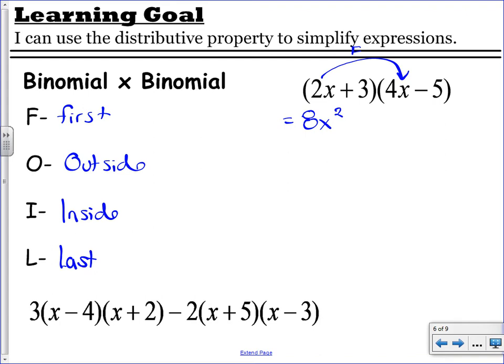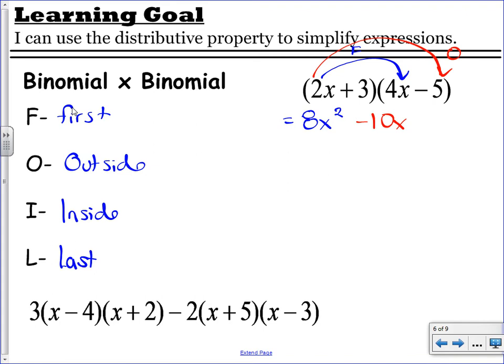Okay, Carissa, my outside terms. What am I going to do? Outside, what two terms are on the outside? Yeah, so that's my O. 2x times negative 5 gives me negative 10x.